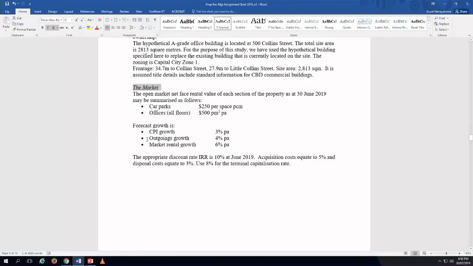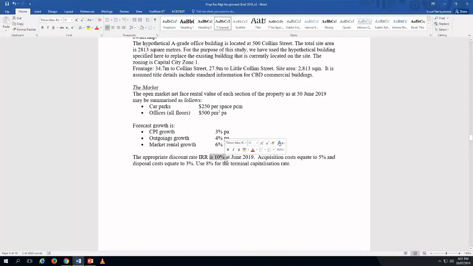So this is just to simplify. Forecast growth: consumer price index growth 3%, outgoings growth 4% per annum, market rental growth 6% per annum. The appropriate discount rate is 10% at June 2019.